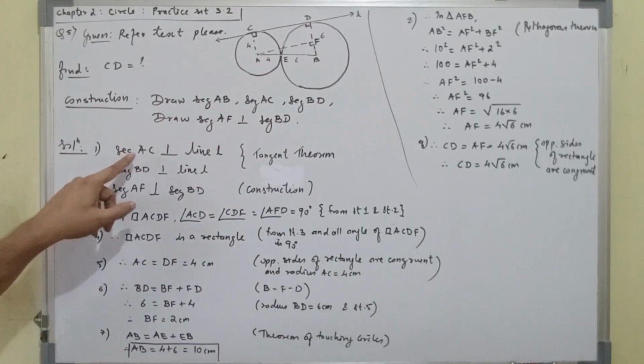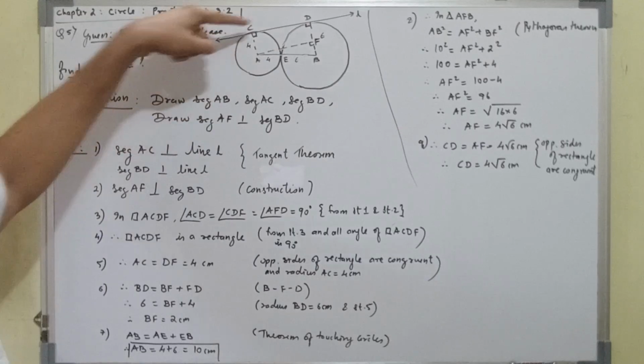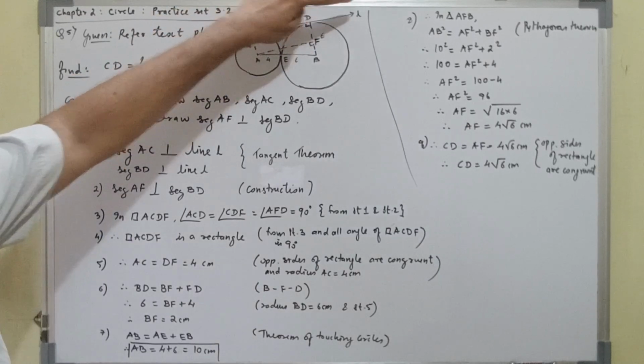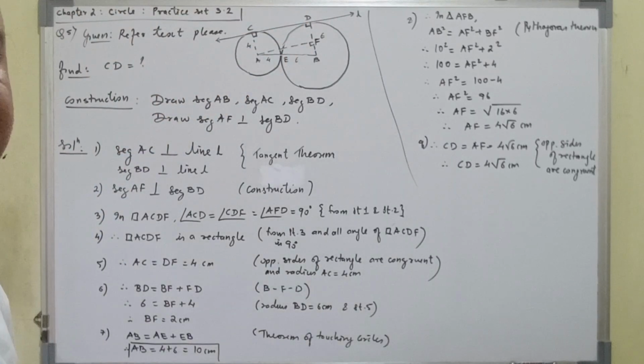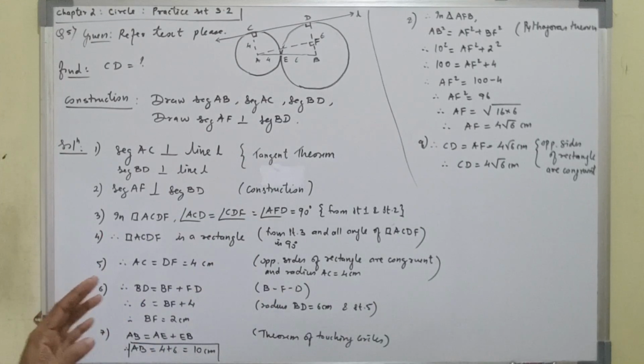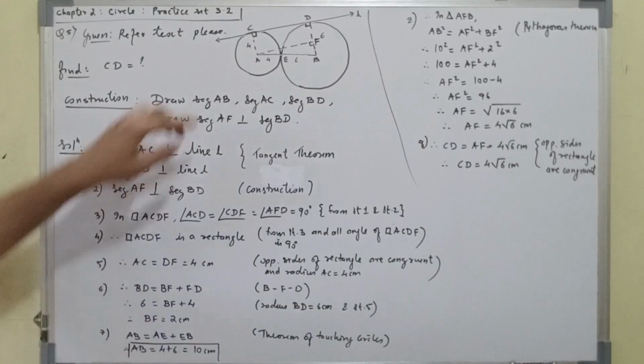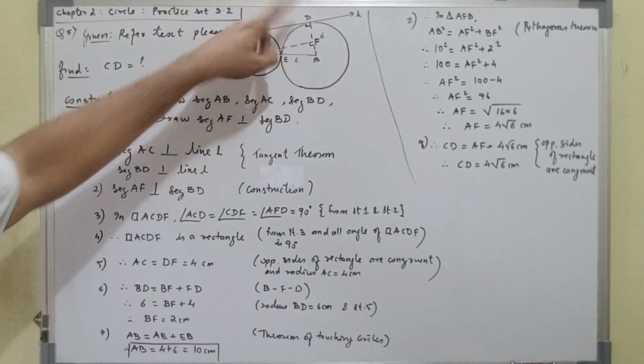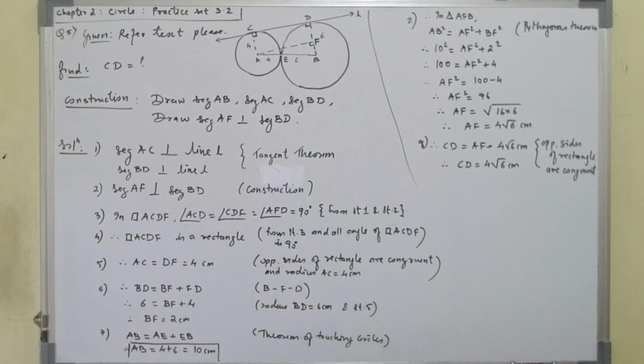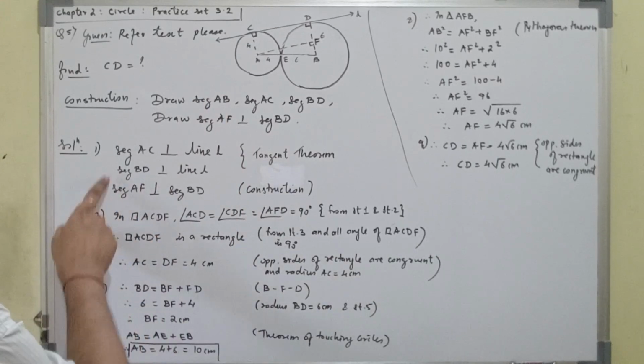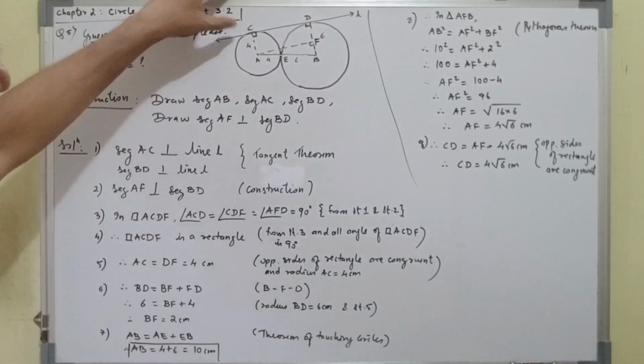Now start. Segment AC perpendicular to line L, seg BD perpendicular to line L, because both are radii and they are perpendicular to line L, which is a tangent. So tangent theorem. Next, seg AF is perpendicular to BD, as per our construction. From these two statements, we conclude that this is 90.